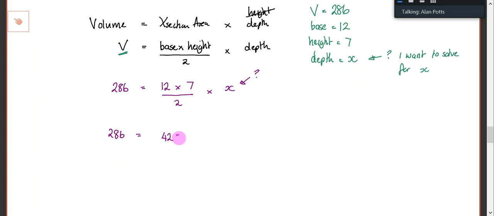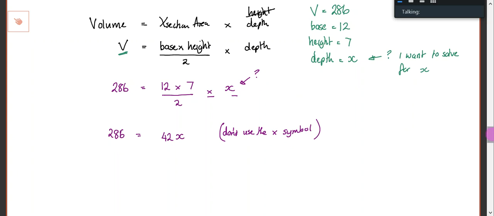Are you okay if I write 42x now rather than times x? Because having a times and an x is a bit confusing. So I'm just going to do 42x for 42 times x, because we did that, didn't we? So everyone okay with that? Okay, so just put in for our notes, don't use the times symbol.